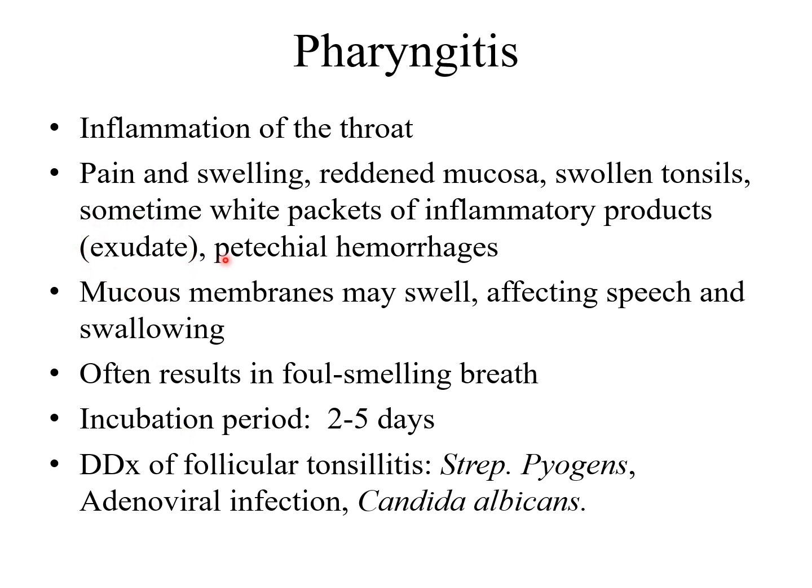So there are these white packets or white patches or white dots which represent exudate, and these are caused by bacteria. Most common bacteria to cause follicular tonsillitis is group A beta hemolytic strep, which is strep pyogenes.